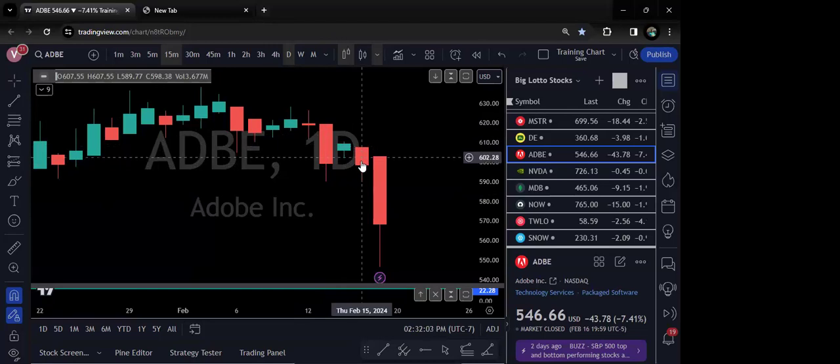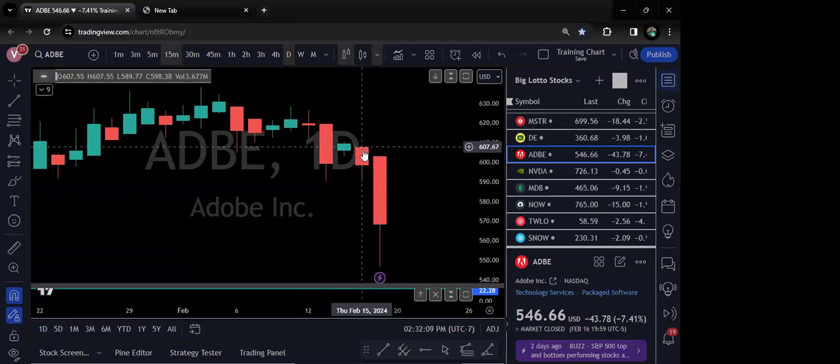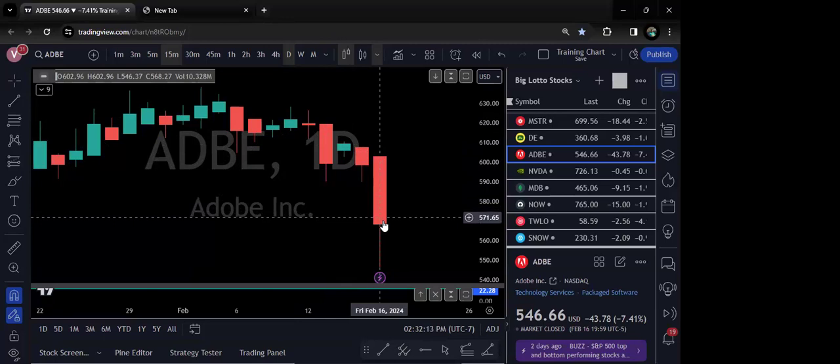So whenever you're seeing a strong bearish candle, you're always anticipating this stock is going to go lower. And this is what we got, a strong bearish candle. And then on Friday, another strong bearish candle. It doesn't have a wick. This stock just opened dropping. So when you're seeing such a stock, you can hold your puts.